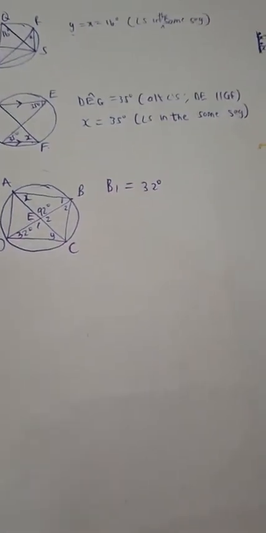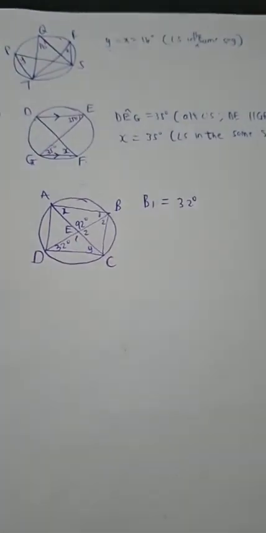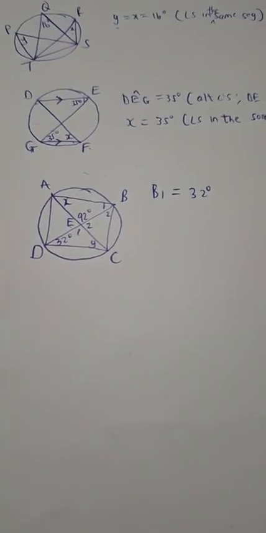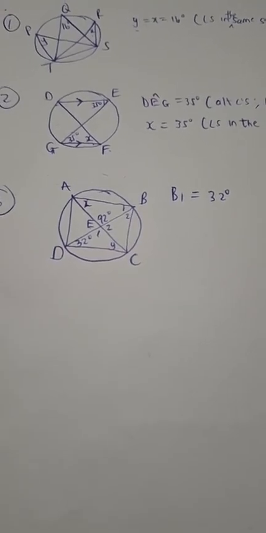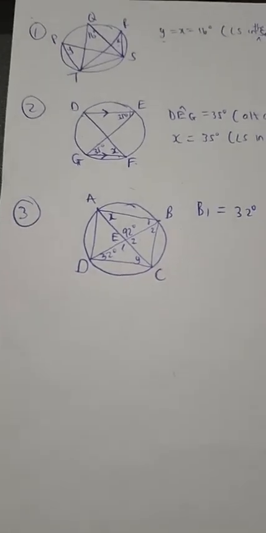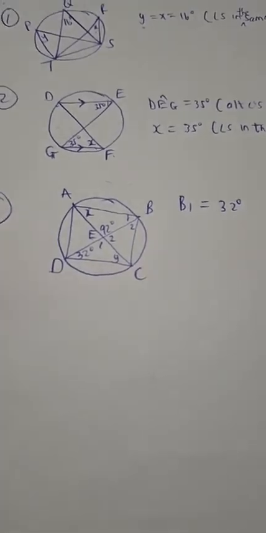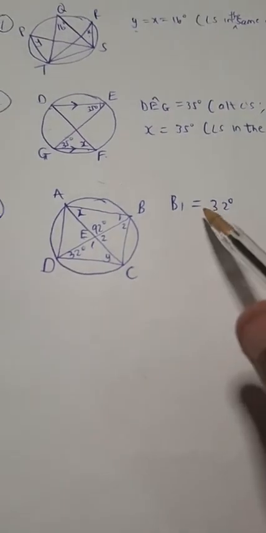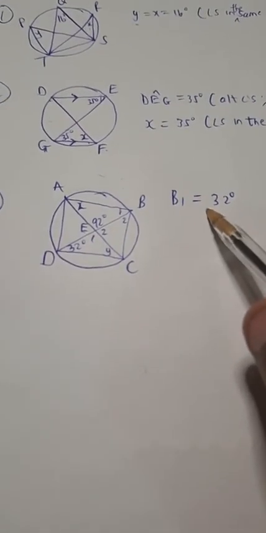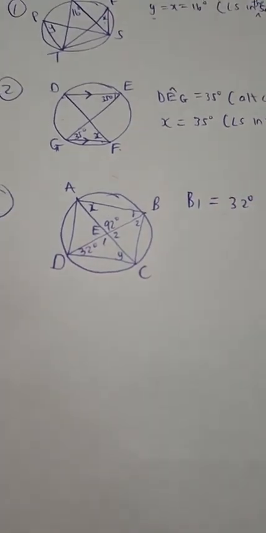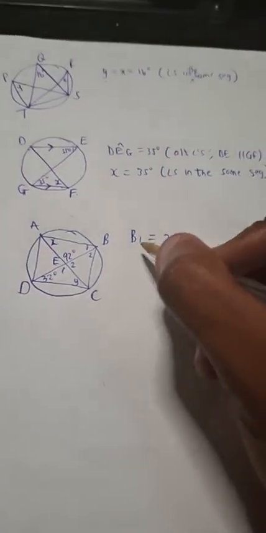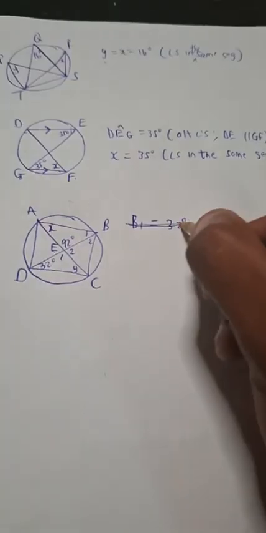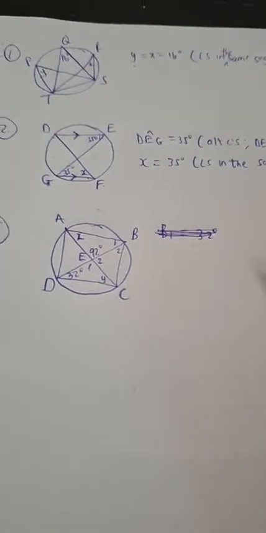If you are saying B1 is equal to 32 degrees and you are saying alternate angles, my question is, where are the lines that are parallel? Could we say that B1 is equal to 32 degrees, alternate angles? Is it possible, guys? Retro Edit says, can't be, there aren't parallel lines. Thank you. So as soon as I write it, I erase it.